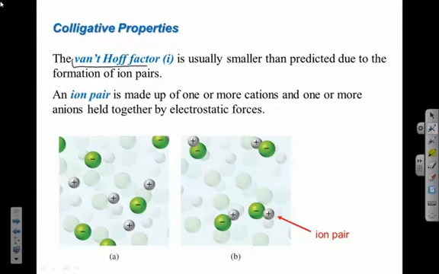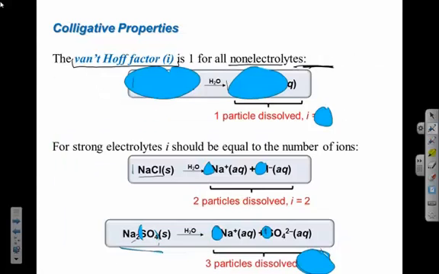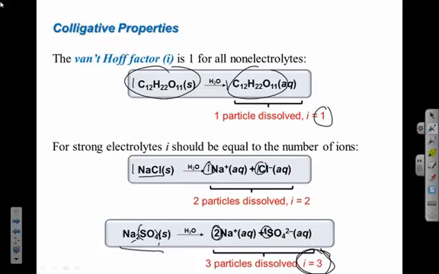The actual Van't Hoff factor will be less than the estimated or predicted Van't Hoff factor. And that is because of something called ion pairing. Right? So when we looked at this prediction, we predicted that for every one of these, it should break up and completely dissolve, and all the ions should go around separately. If that were true, i would be equal to exactly 2.